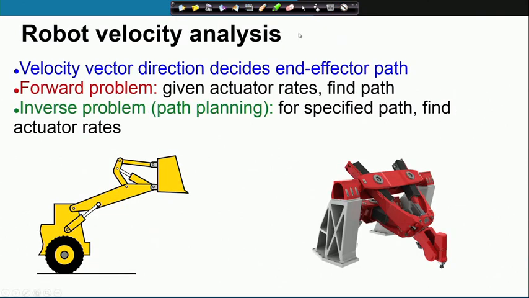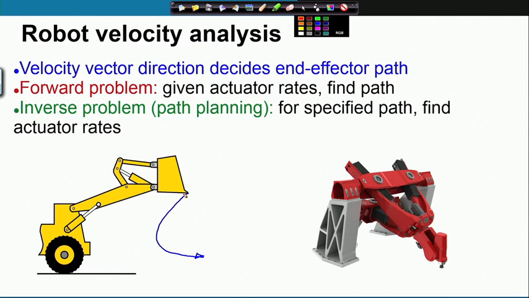In the case of robot velocity analysis, the problem is a little more complicated. The reason is, now we are moving a body in space, and we may have a certain path in which this body needs to be moved.